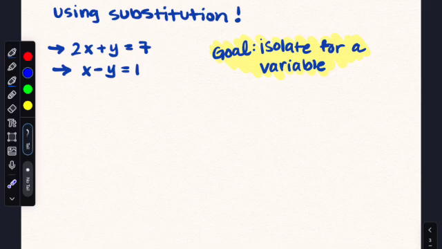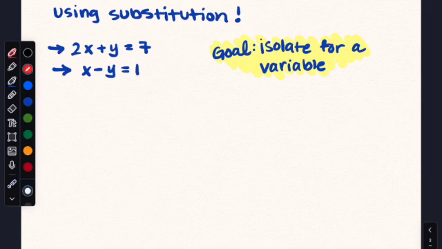If you want to get the y by itself, you would just move the x. But notice how there's a subtraction in front of the y. You also would need to multiply or divide by -1 so you can get y by itself. Personally, if I were to pick the first equation, I'd want to isolate for y. And if I were to pick the second equation, I would want to isolate for x. I'll do both of them on the side so you guys can get an idea for how to do it.